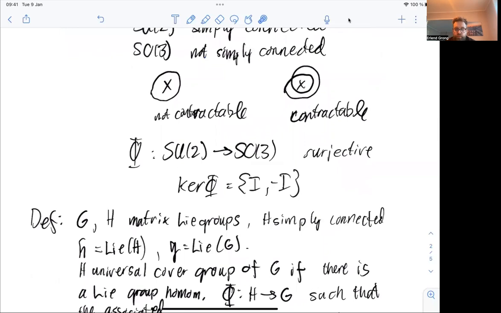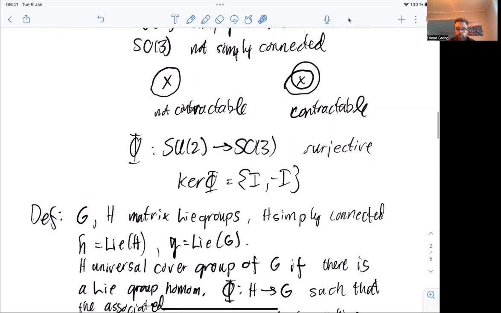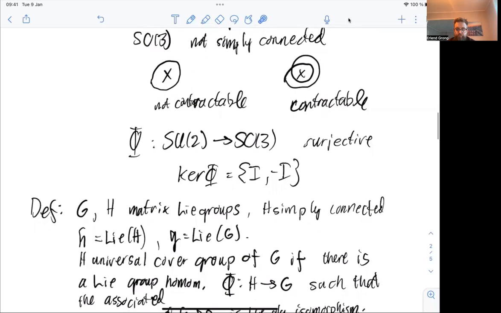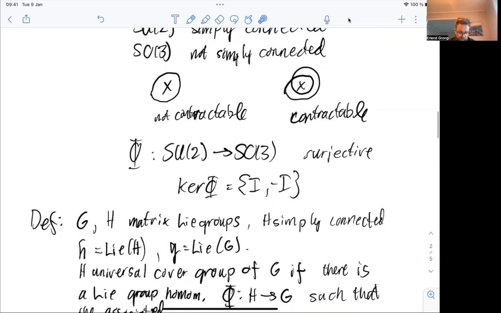We have a surjective group homomorphism from SU(2) to SO(3), and this has kernel plus and minus I. That corresponds to exactly this loop, which goes away when you apply it twice. And this is the case of a universal cover group because SU(2) is simply connected while SO(3) is not.